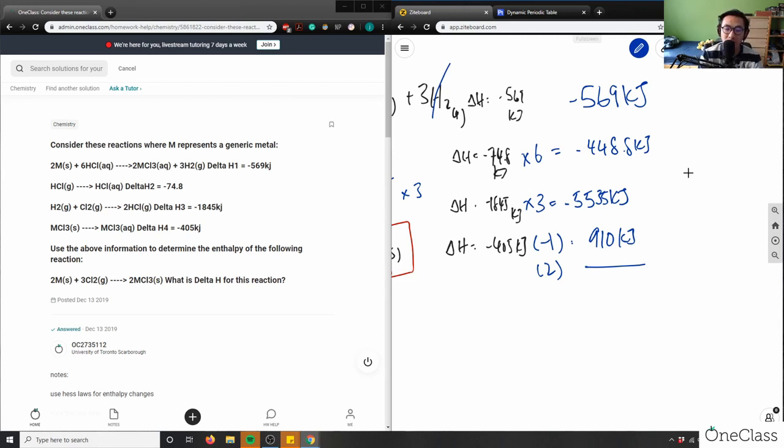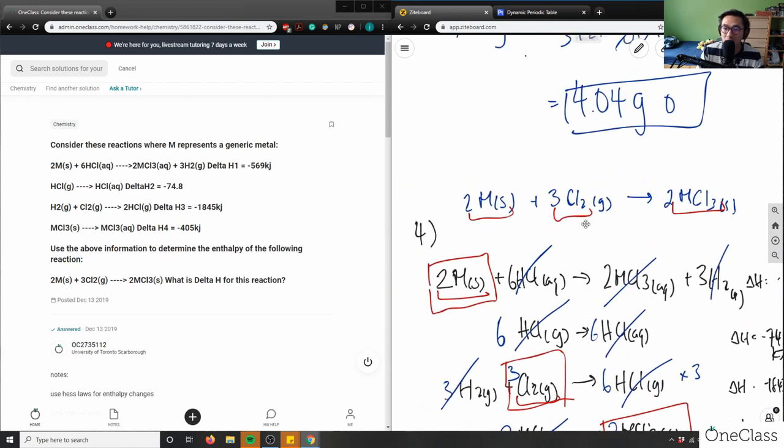It's negative 569 plus negative 448.8 plus negative 5,535 plus positive 910, which would finally give me an enthalpy of reaction of negative 5,642.8 kilojoules. So this will be my delta H for the main reaction, which was this one over here.